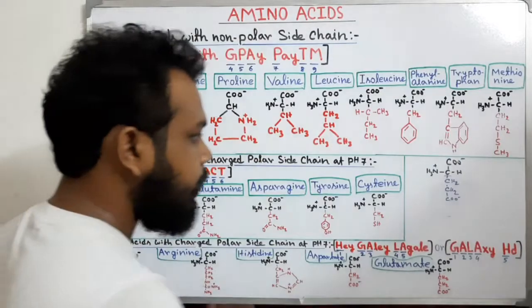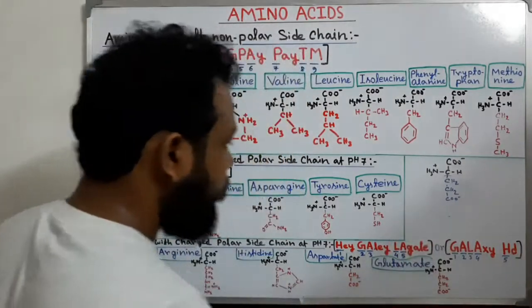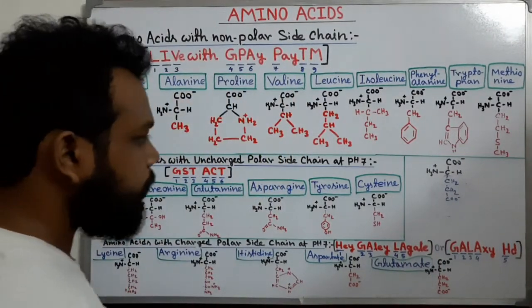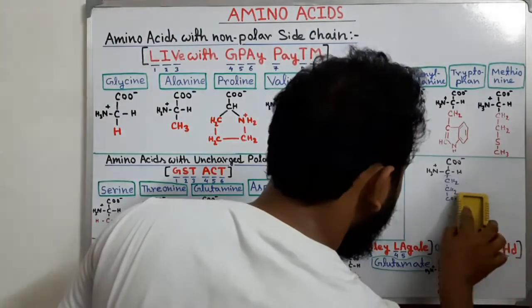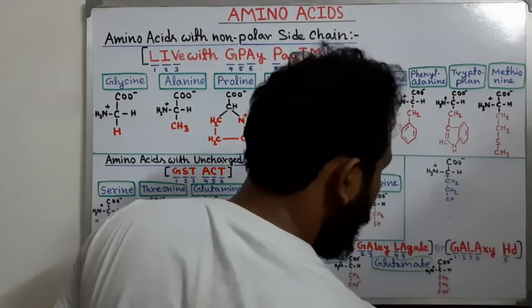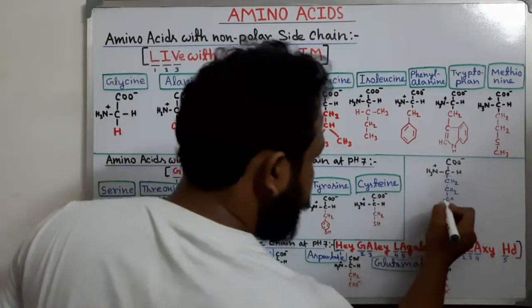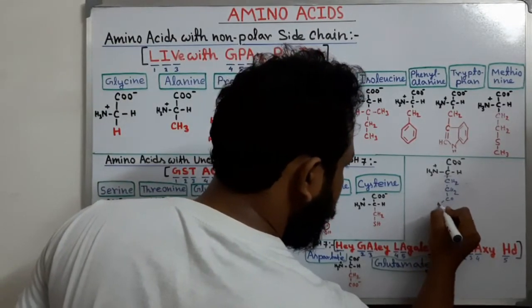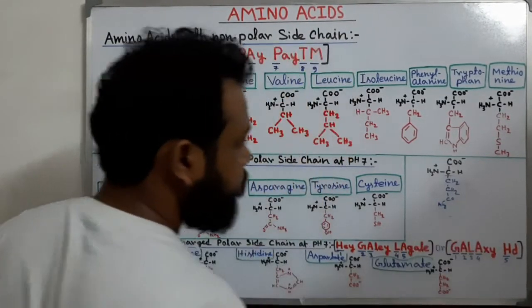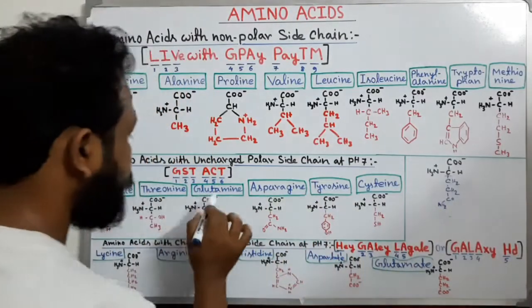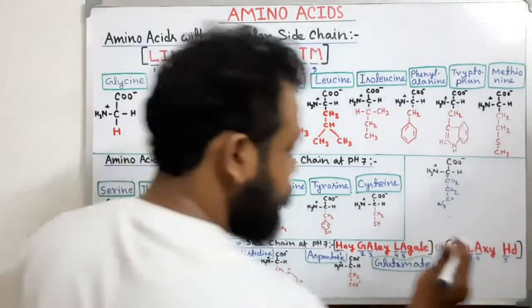Now in glutamate, if we remove one O and in its place add an NH2 group, it will make the glutamine structure.